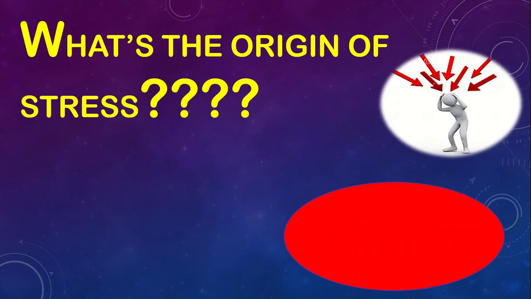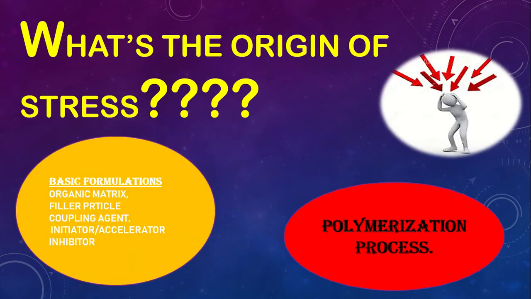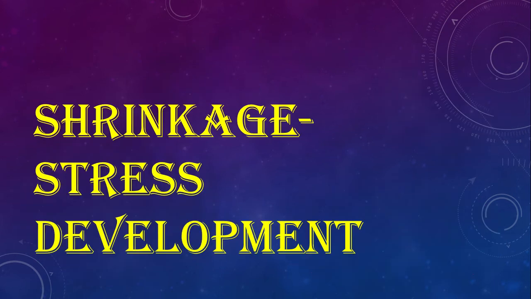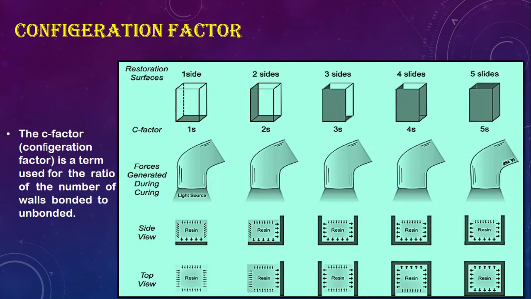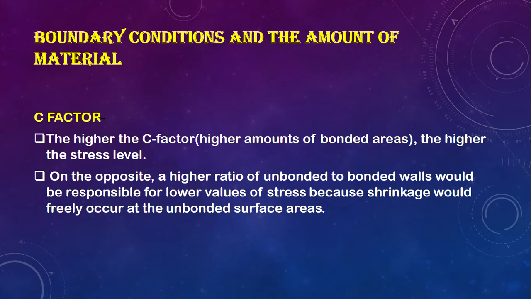So what is the origin of the shrinkage stress? Does it lie in the basic formulation, or does it occur during the polymerization process? So for shrinkage stress development, first we have the boundary condition and the amount of the material. Under this we have the C factor. The C factor is the ratio of the bonded to the unbonded surface. The more the bonded area, the higher the stress level.